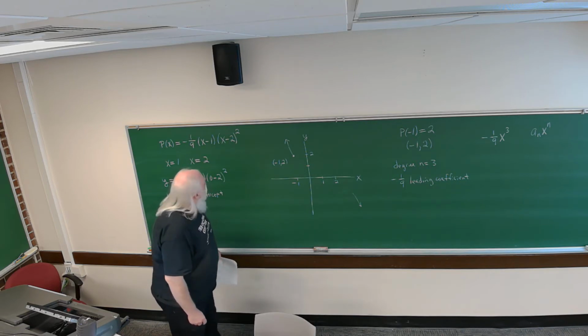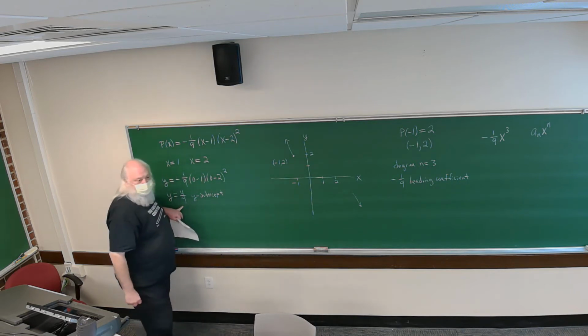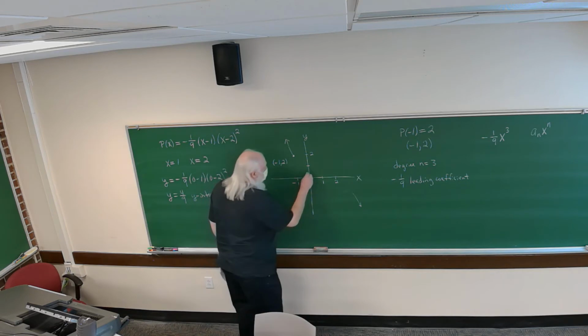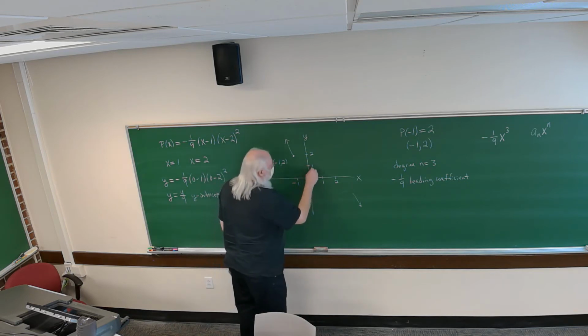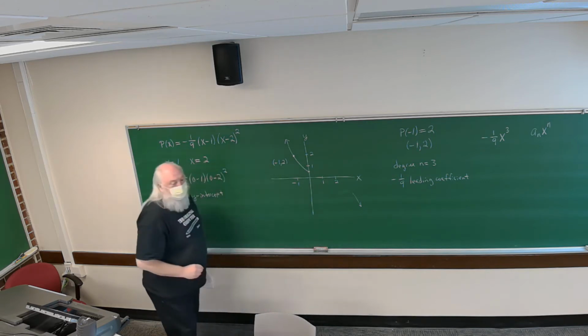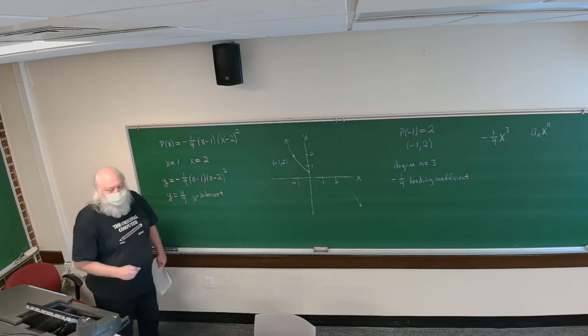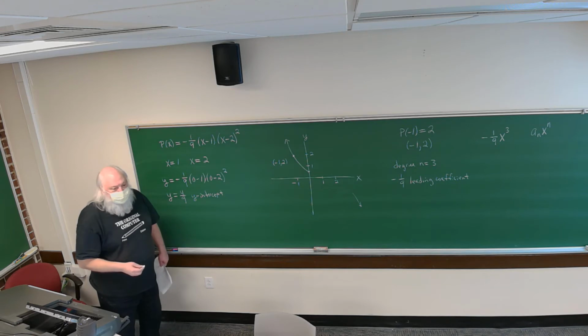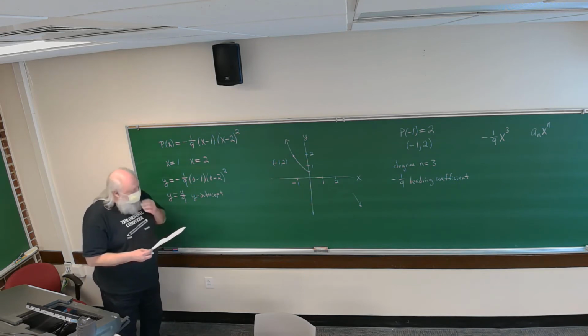Well, we also calculated the y-intercept is at 4/9. So here's y is equal to 1. So 4/9 is roughly halfway between 0 and 1 on the y-axis. And so the graph is going to come down across the y-axis right there.